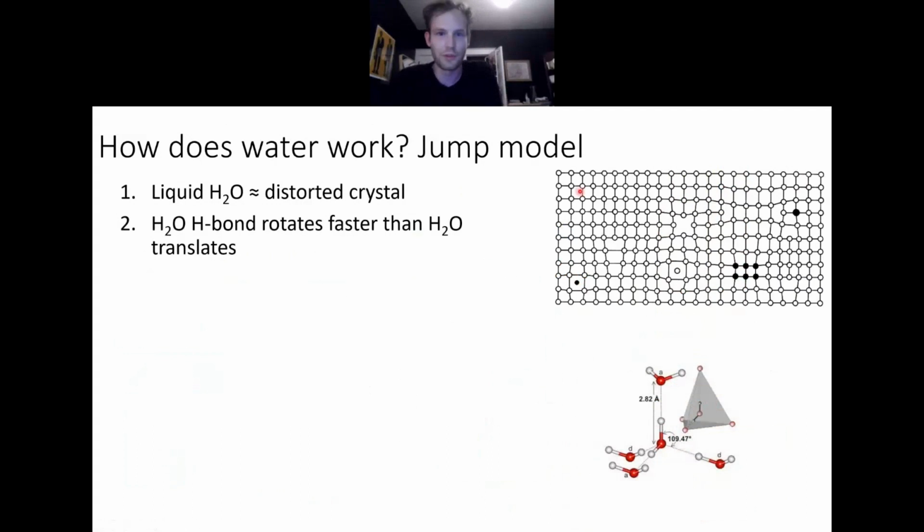So how does water move through this distorted crystal? This brings up a jump model, because we normally think of a crystal like a salt crystal where the particles won't really move much, but water maintains this kind of crystal with defects. As a consequence of the tetrahedron's desire to be tetrahedral, what I'm asking is, how long does it take to get from one position of the crystal to an adjacent position?